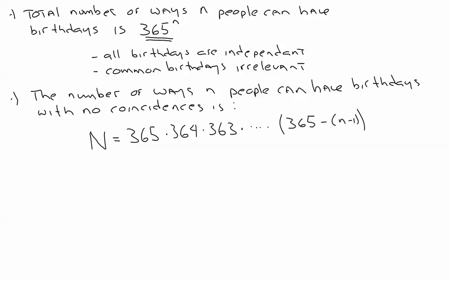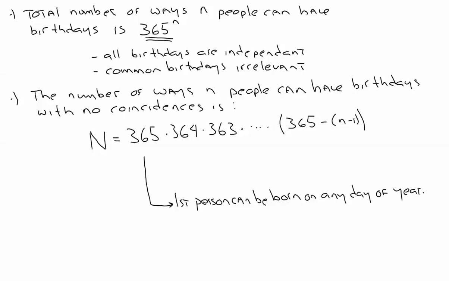And so what does this mean? The first person that we go up and ask what their birthday is can be born on any of the 365 days. So the first person can be born on any day of the year.